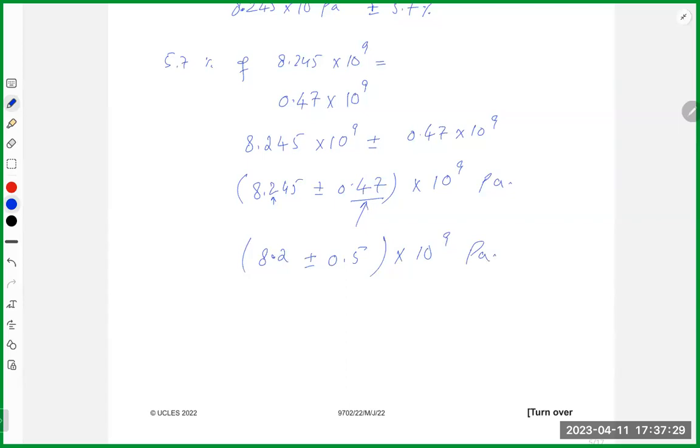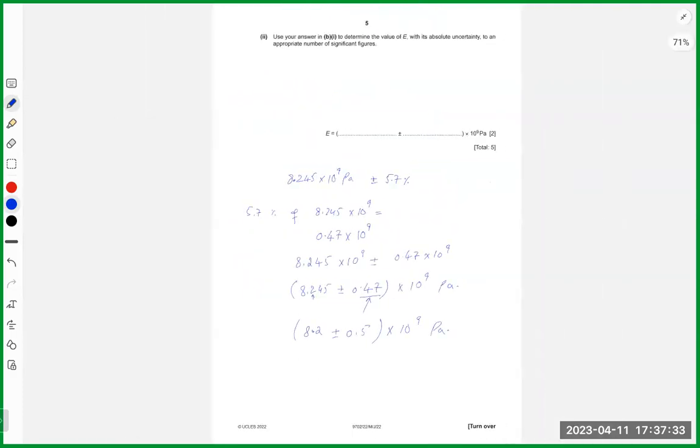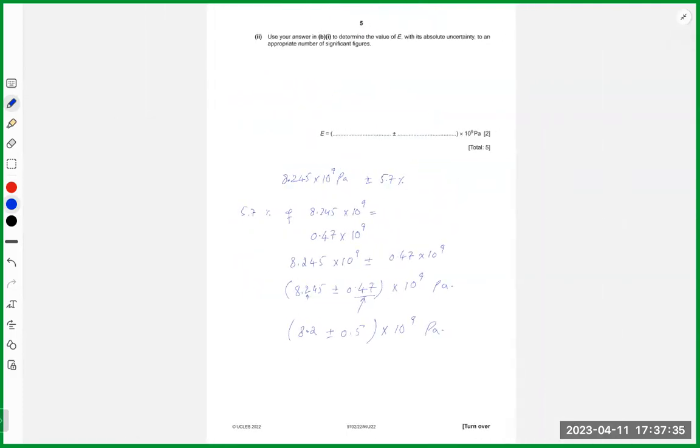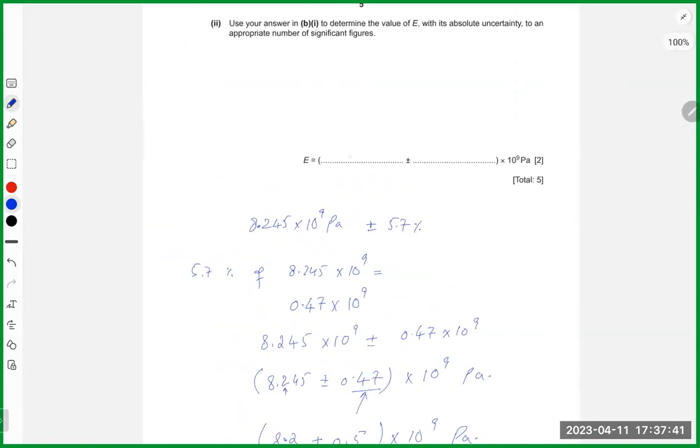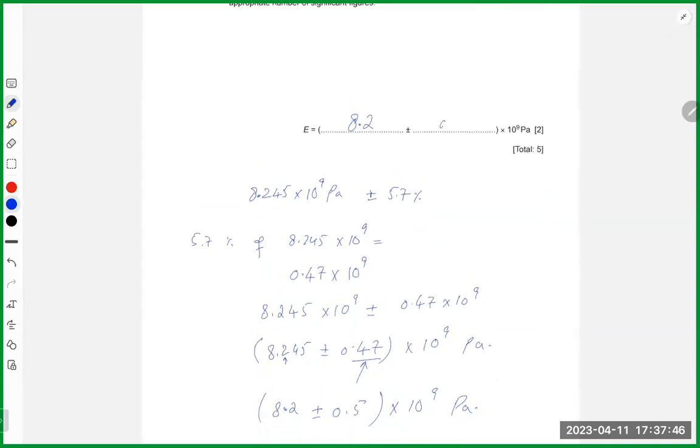This is how we are supposed to solve this question. It will be 8.2 plus minus 0.5. And if you want to take two decimal places for the two figures in the error, it will become 8.24 plus minus 0.47.